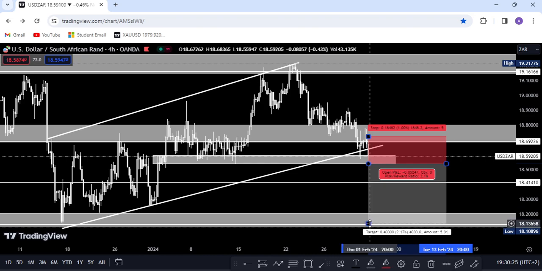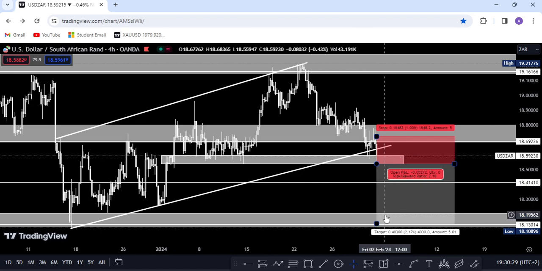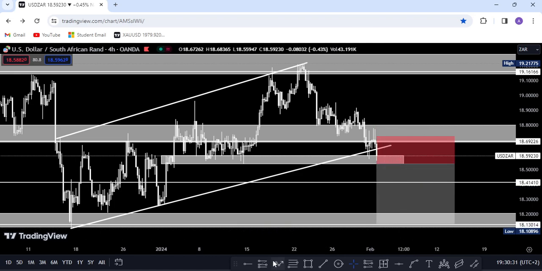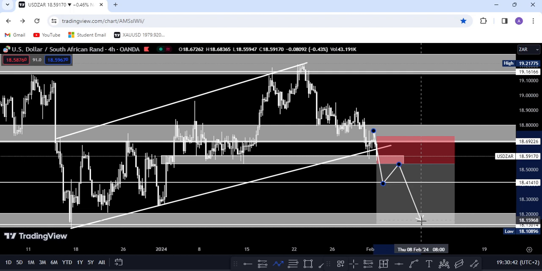So as you can see, according to my analysis, prices might do this, then they will hit this area that I would like to pay attention to, and then go down.